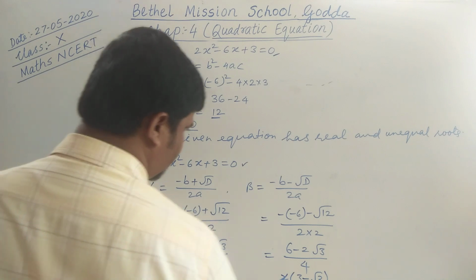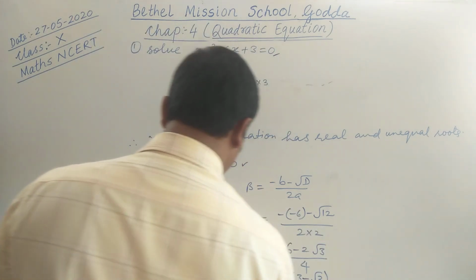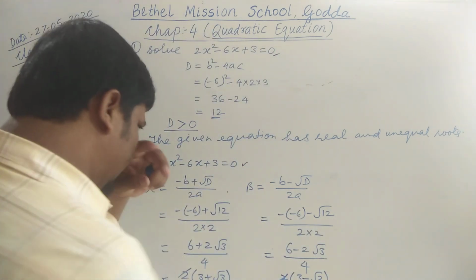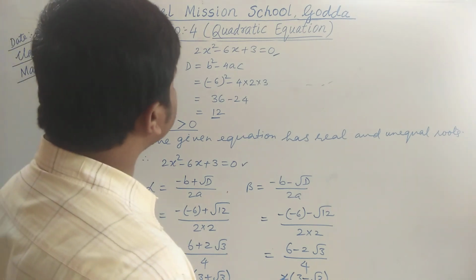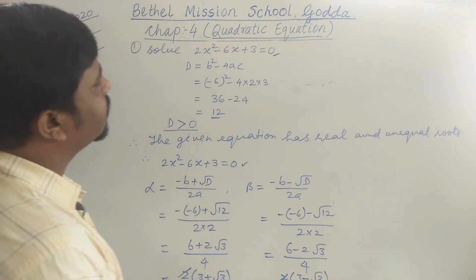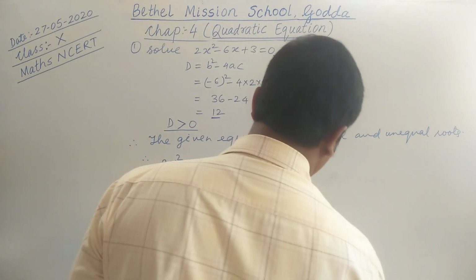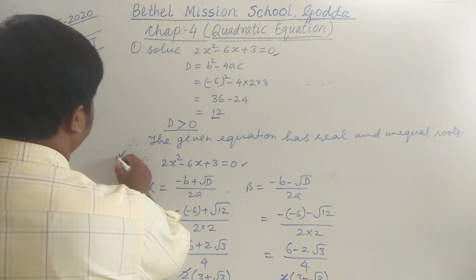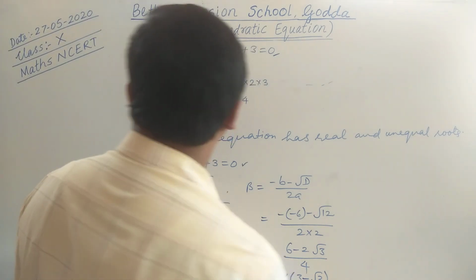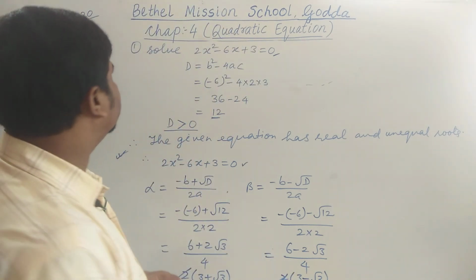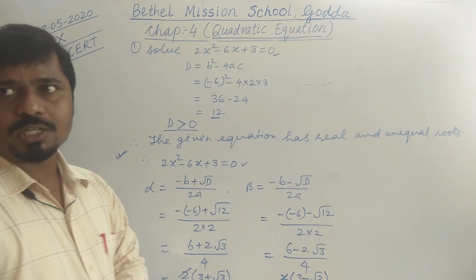So we have two roots, alpha and beta. This is the quadratic formula. Another method is splitting the middle term, which you can apply. By applying the quadratic formula, we got the values. So this is the way of doing it. Now you understood.